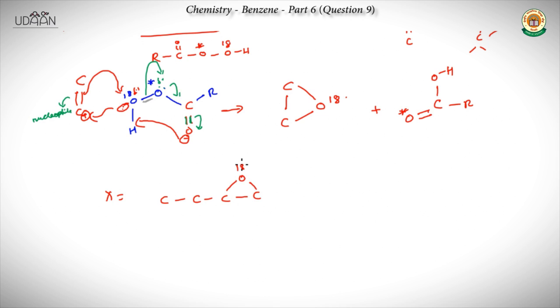Now let's come to the second part, where you have subsequently treated this with PhMgBr, where you have a phenyl ring Ph, and this is a Grignard reagent, RMgX. It provides R minus, and here Ph minus, a negative charge here.